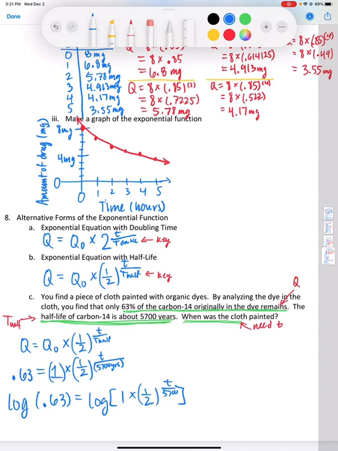With this, we can take our logarithm exponent and put it into the front of the logarithm. When we do that, we have the log of 0.63 is equal to T over 5,700 times the log of 1/2, because 1 times 1/2 is 1/2.